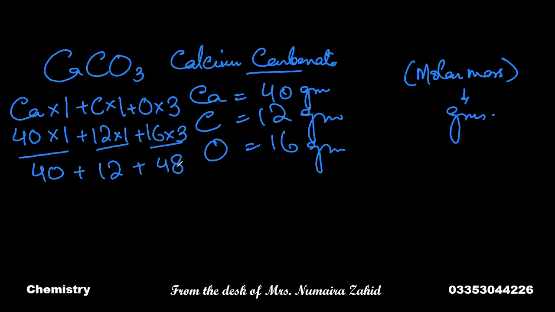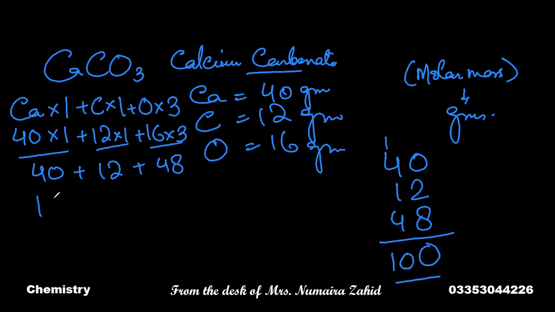When we add this together, let me add it for you: 40, 12, and 48. It becomes 100. What is the molar mass of calcium carbonate? That is 100 grams. Got it?